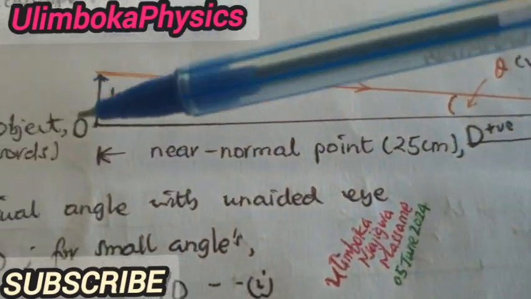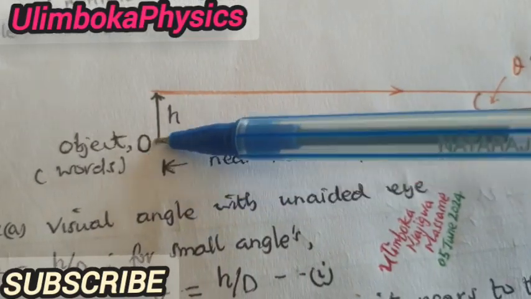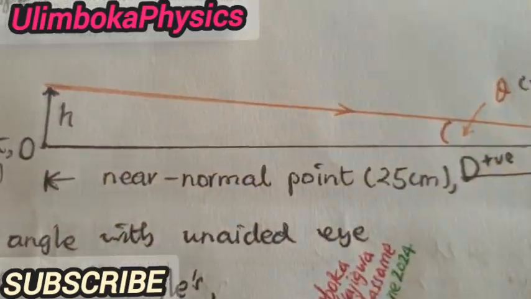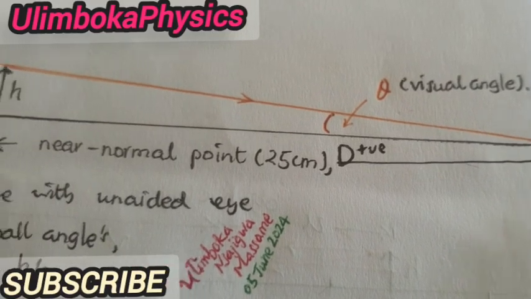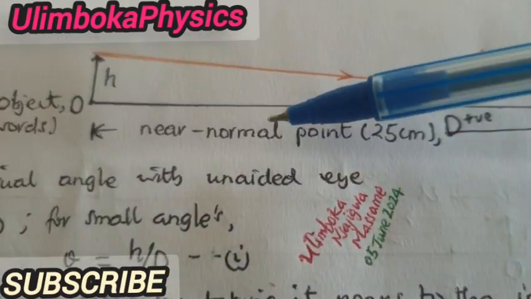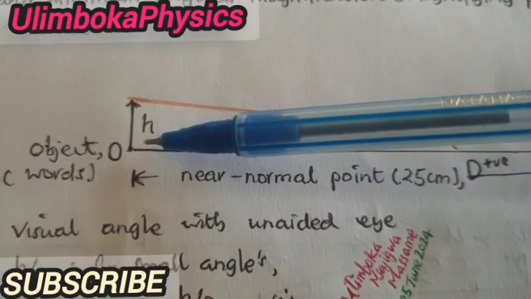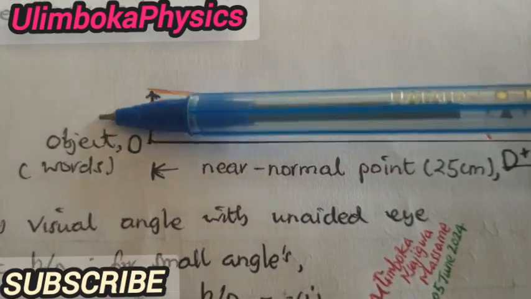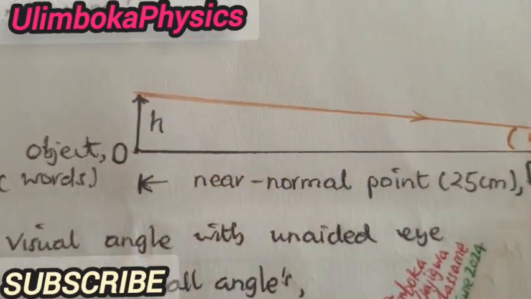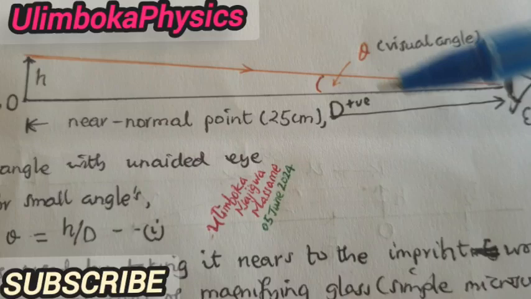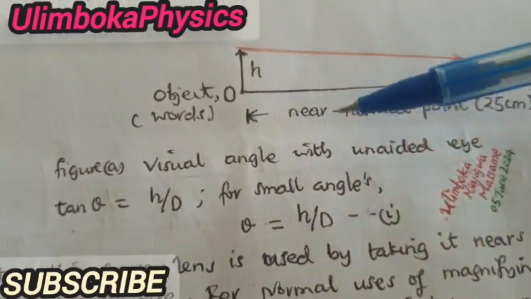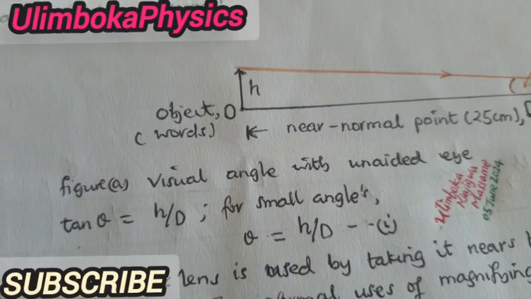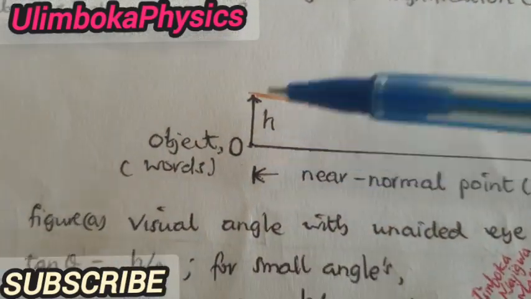naked eyes. This is the words or object, and these are the rays that enter through the eye and produce an image. The image is very small because the font is very small, and the eyes of the student want to continue to focus on these small words.